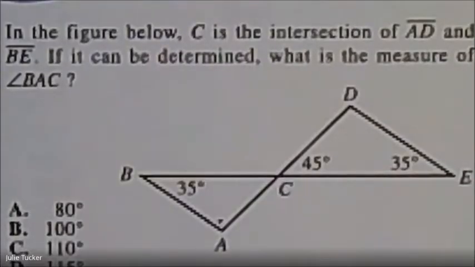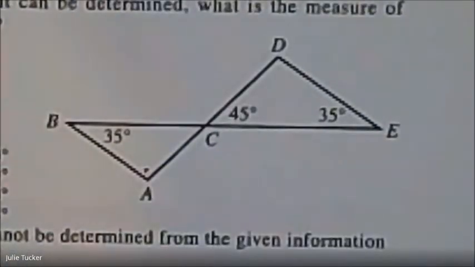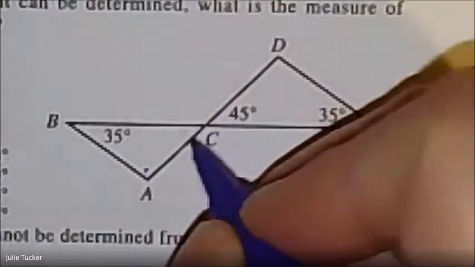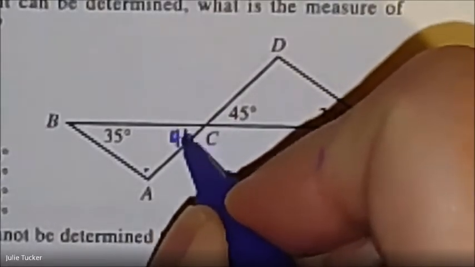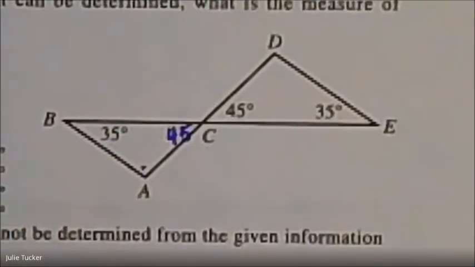So, do you remember about bow tie vertical angles? Well, then isn't this 45? Good. Now what do I do? What do you want me to add? Good job, Connor.